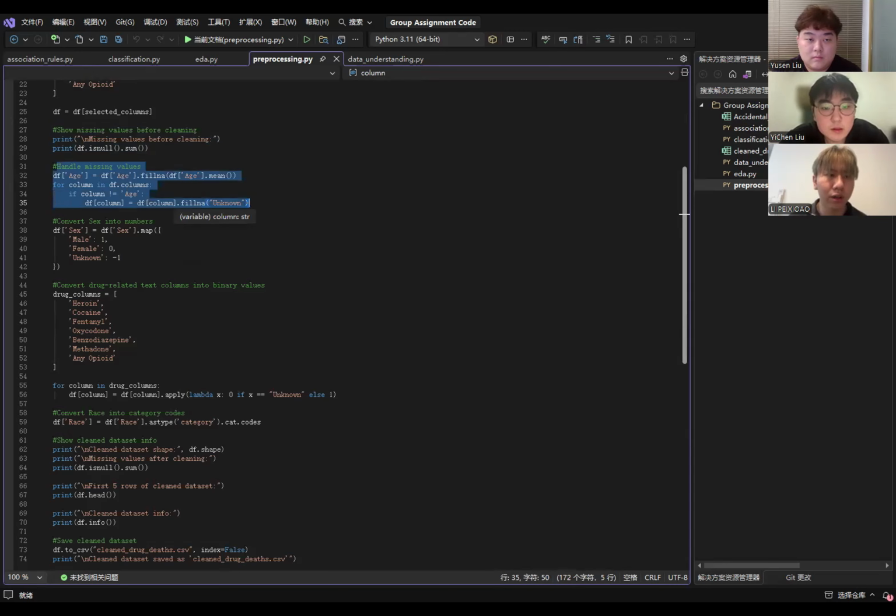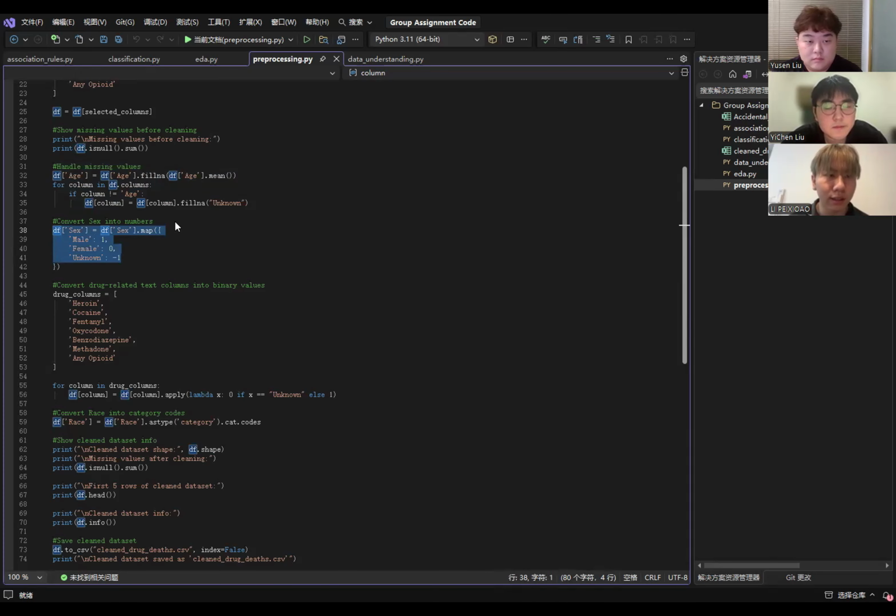Here we convert the categorical values into numbers. This is needed because machine learning algorithms work with numeric input. For the drug columns, we use binary encoding, where 1 means the drug is present and 0 means it is absent.